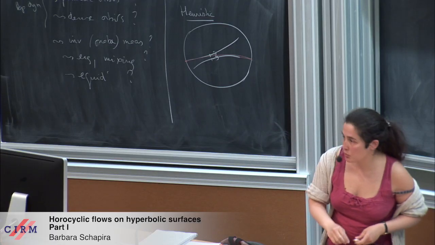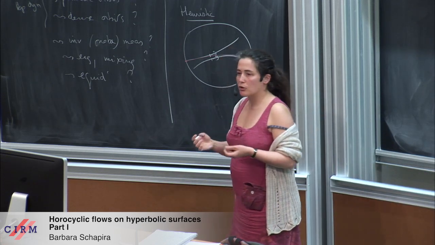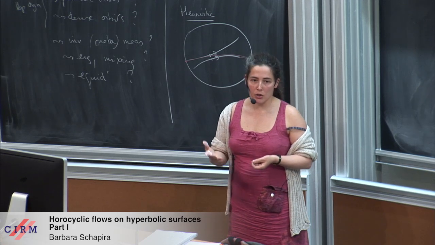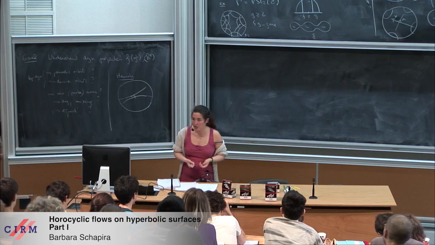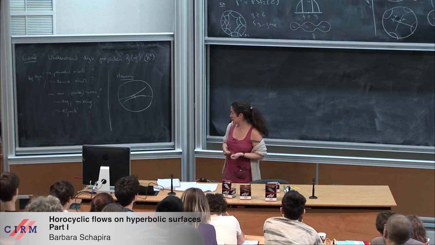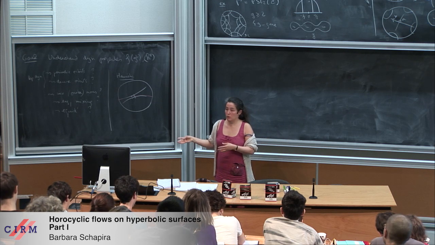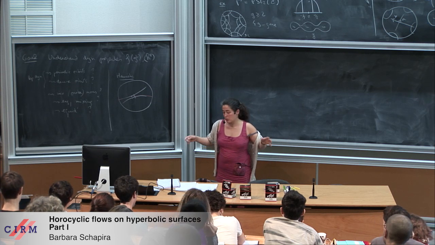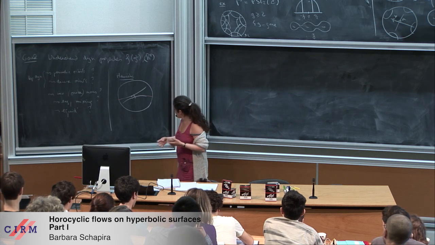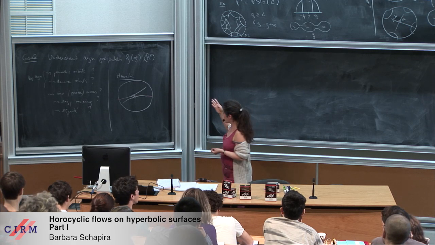I insist on this property because it's really crucial. Saying that the past is independent of the future is something very strong in dynamical systems. If some of you like symbolic dynamics, it's exactly what happens if you look at a full shift with finitely many symbols. You can take any sequence on the past, any sequence on the future, and if your shift is a full shift, you can glue them, and even if it's not a full shift but a subshift of finite type, you can glue them, and that's exactly what happens here.